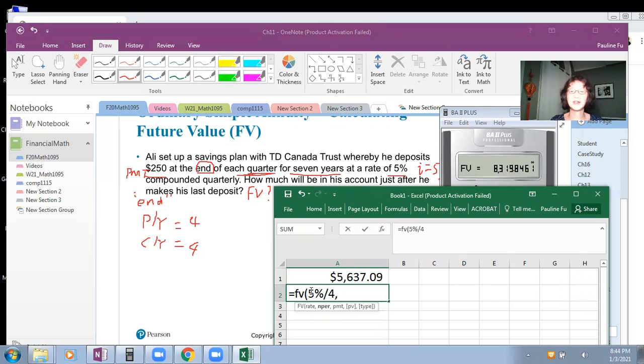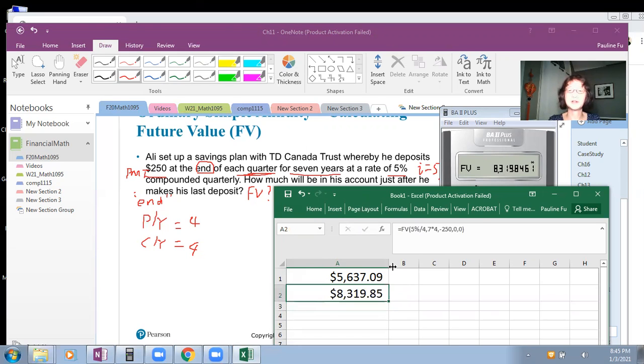When you use Excel, the rate is the periodic rate. NPER term N, it is 7 times 4, 7 years. PMT negative 250. Present value is 0, and the payment is made at the end.